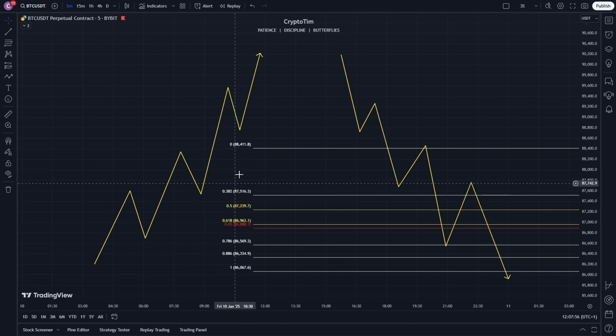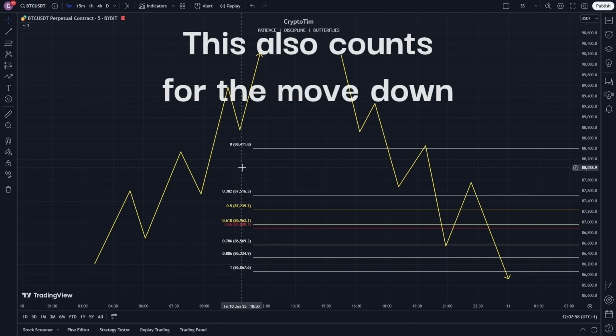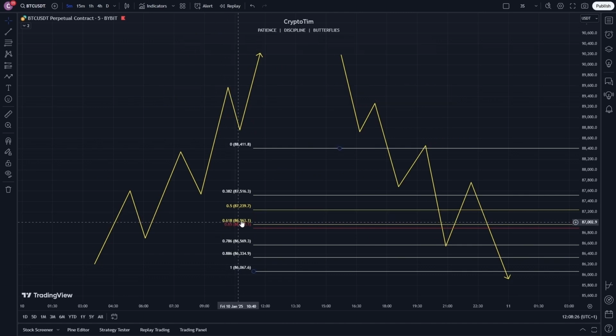When we see a very, very strong trend up, there's more chance that we will see some type of reaction at the 382. If the move up is a normal paced trend, we will usually see the 0.5 act as some type of support. And if we see a weak trend up, so nothing major, just a slow and steady move up, the 618 is usually the zone to look for.